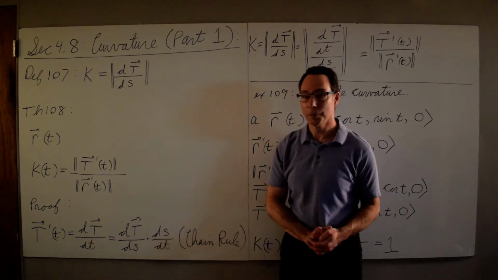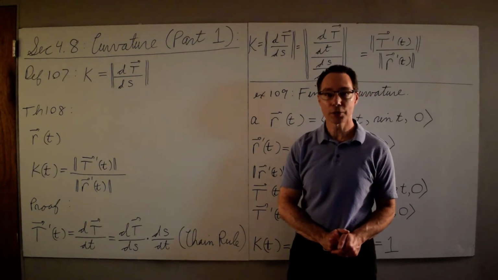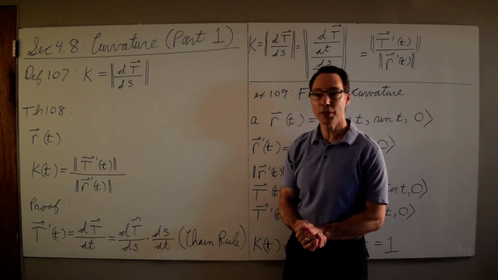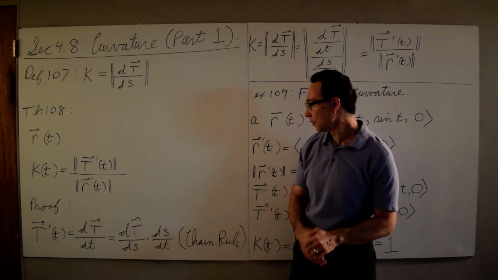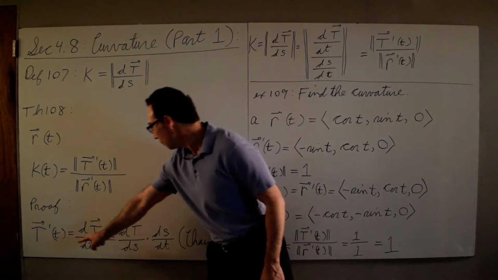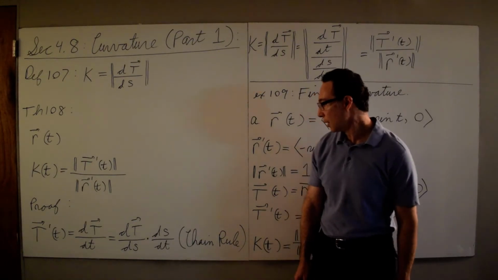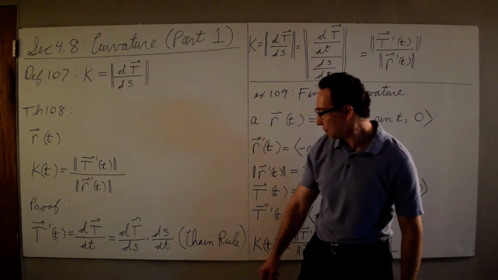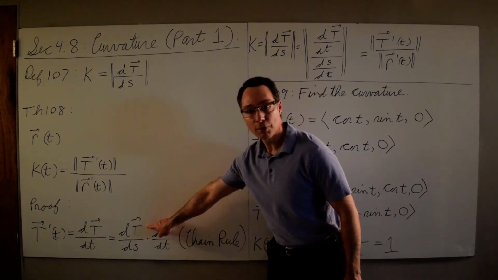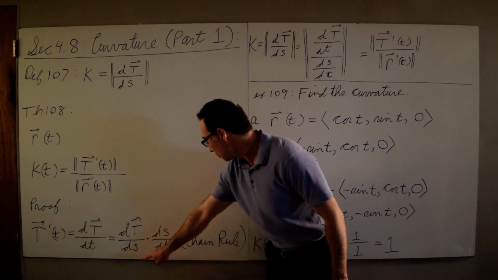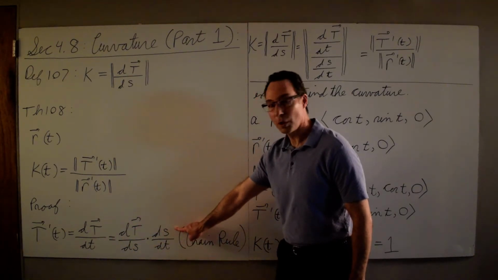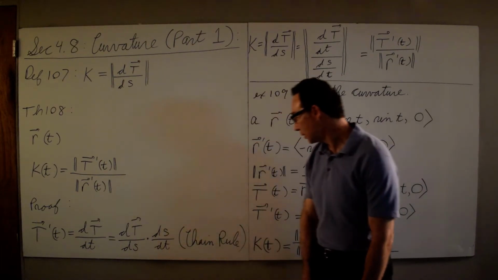Why does this work? It's really just from what we know about derivatives and some algebra. From the chain rule, we take the derivative of the unit tangent vector with respect to arc length times the derivative of arc length with respect to t.